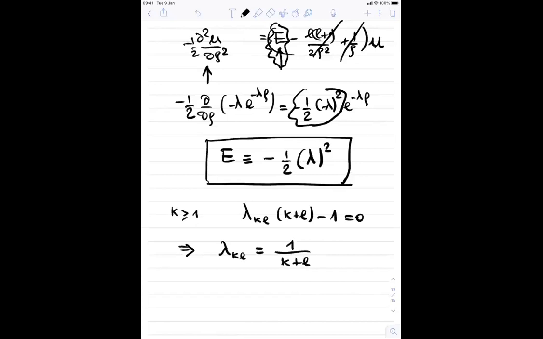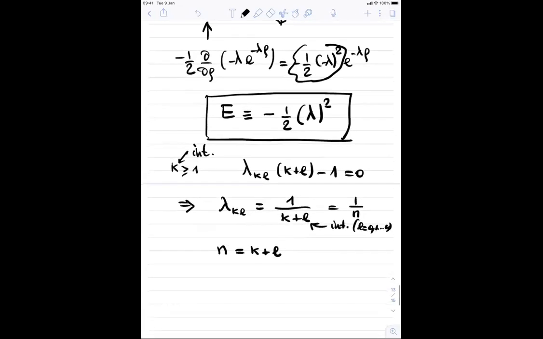But k is an integer, in fact an integer greater or equal to 1. l is an integer. In fact, l could be 0, 1, up to infinity, right? So this object is 1 over an integer. Let me call it 1 over n. So n is the sum of k plus l.